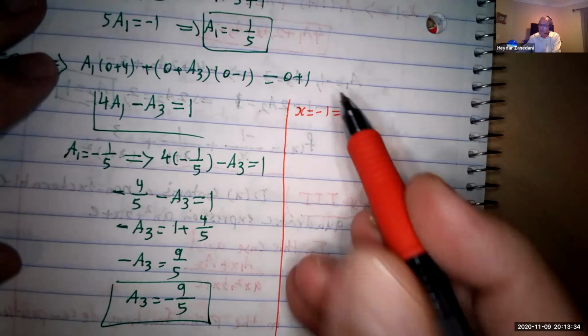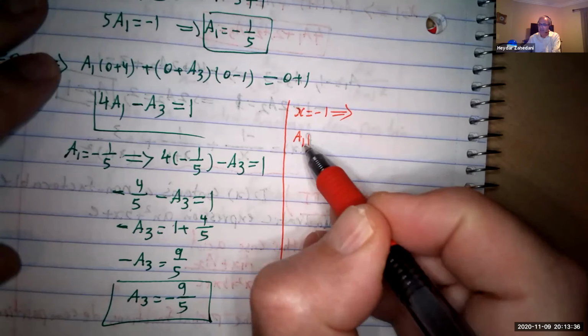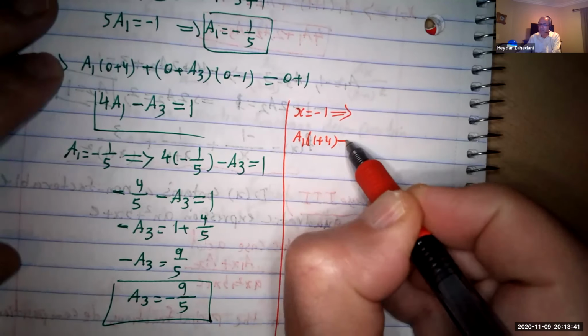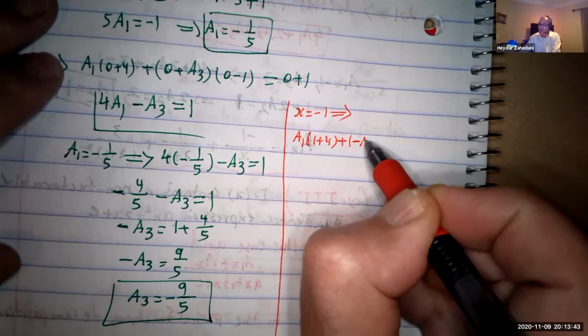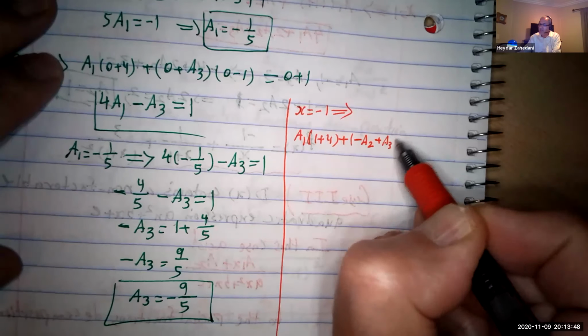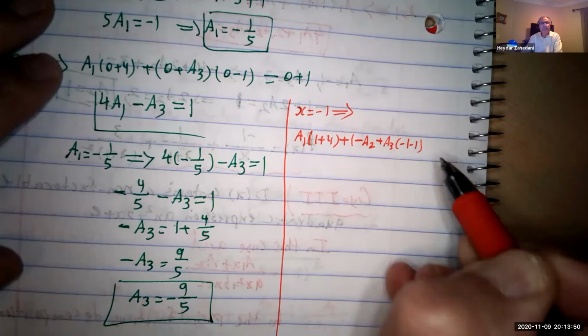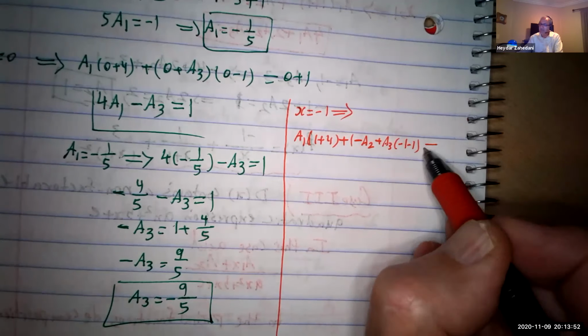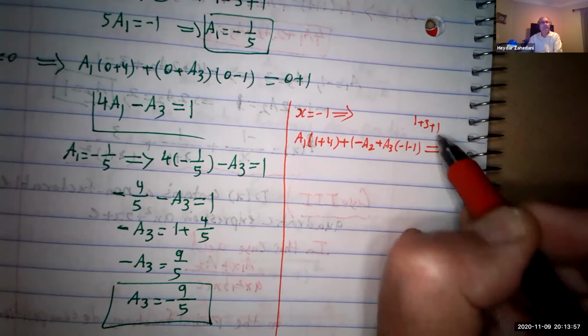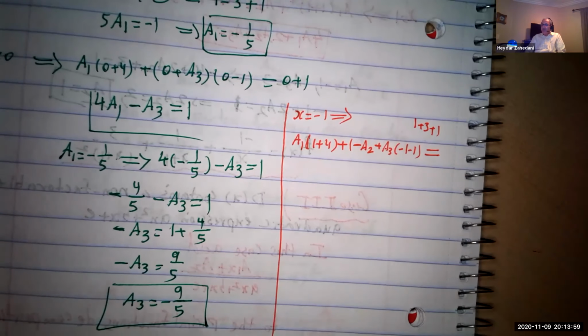So it's going to be a1 times, in the first one is going to be 1 plus 4. Okay, plus, that gives a negative a2 plus a3, and the inside is going to be negative 1 minus 1. And on the other side, if you put the negative 1, that gives 1 plus 3 plus 1. Okay, so on both sides of the equation, we put x equal to negative 1.